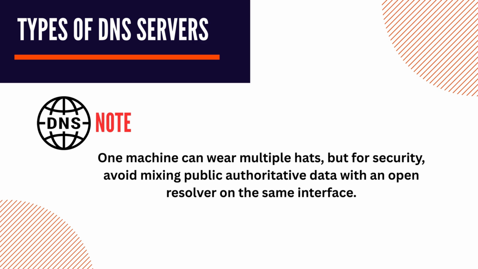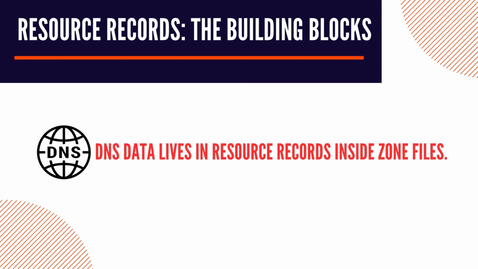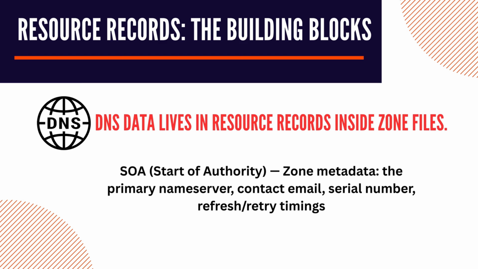Note: one machine can wear multiple hats, but for security, avoid mixing public authoritative data with an open resolver on the same interface. Resource records, the building blocks. DNS data lives in resource records inside zone files. Here are the common ones you'll meet. SOA, start of authority: zone metadata, the primary name server, contact email, serial number, refresh and retry timings.